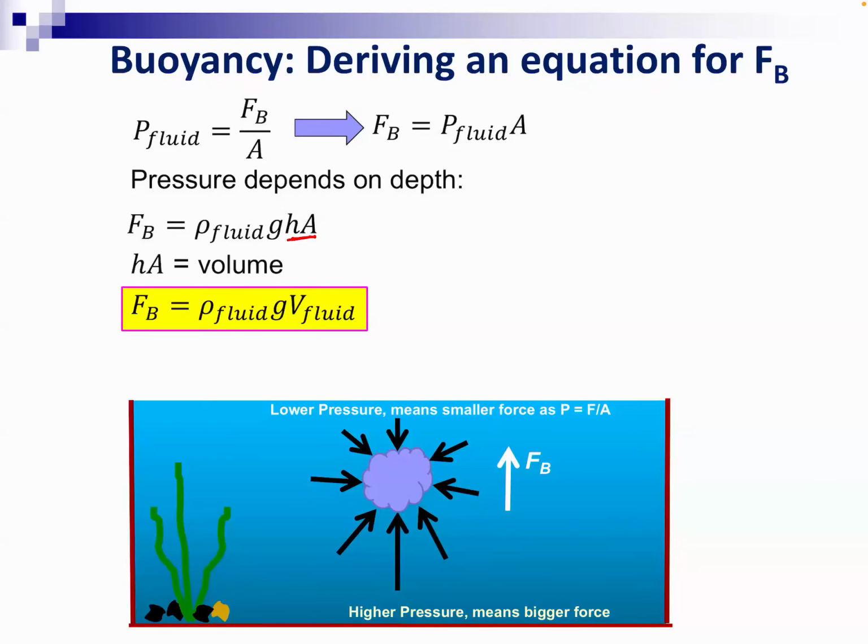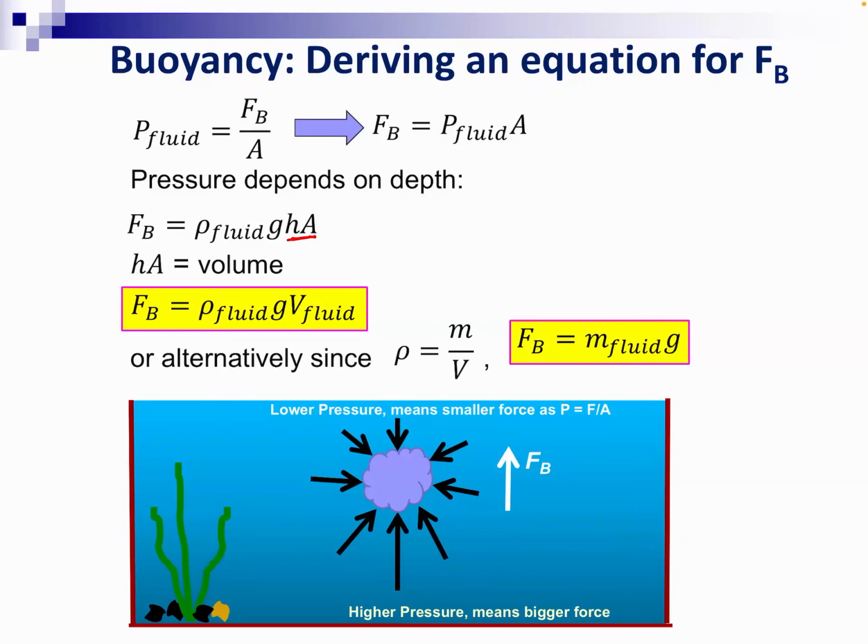Or alternatively, if you use the definition for density being mass over volume, then density times volume is equal to mass, right? And therefore buoyancy force is also equal to mass of the fluid times g, which of course we know as the weight of the fluid.